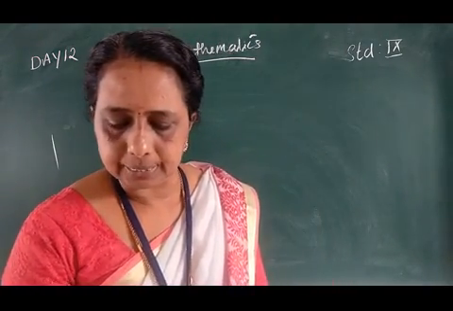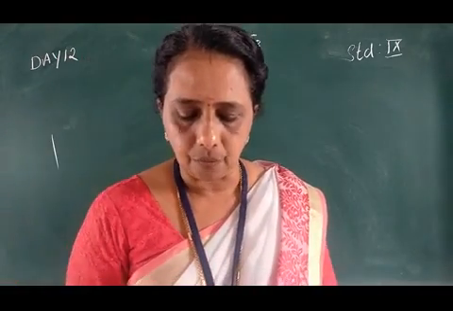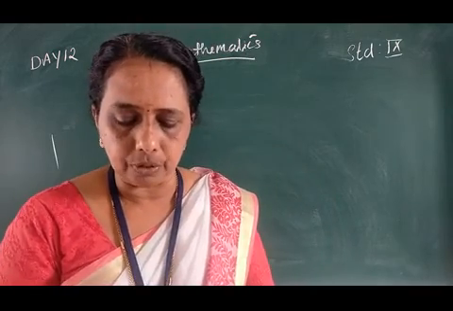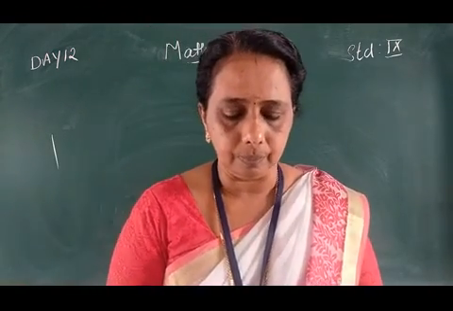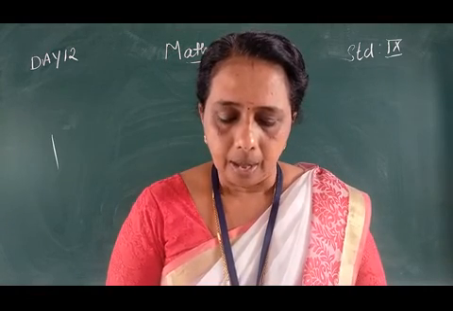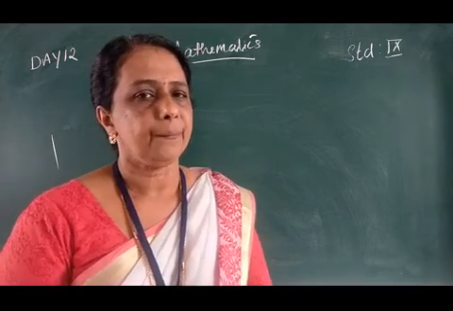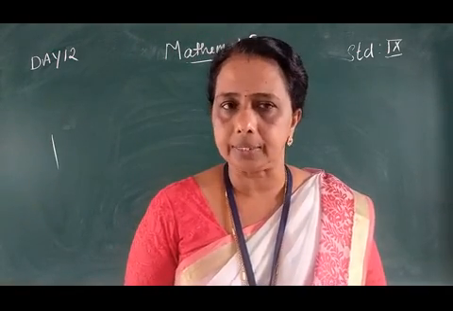So we have to take the next exercise, exercise 1.5. First question, page number 24, exercise 1.5. All of you look at the textbook. Classify the following numbers as rational or irrational. You already studied what is a rational number and what is an irrational number.